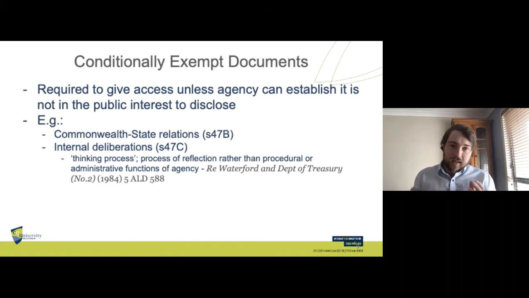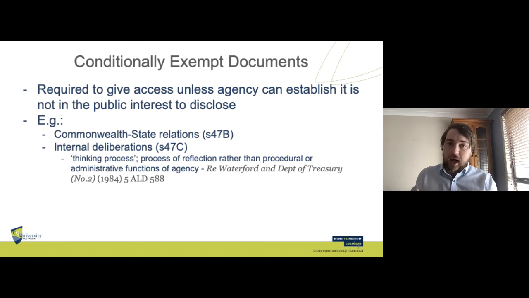But on the other hand, the agency might be able to establish that there is a good reason not to disclose that frank and fearless advice. And so we'll talk through in a moment some of the reasons why or why not. Commonwealth-state relations is another good example because the Australian Federation as a whole relies on a certain amount of goodwill between the Commonwealth, the federal government, and the state governments.